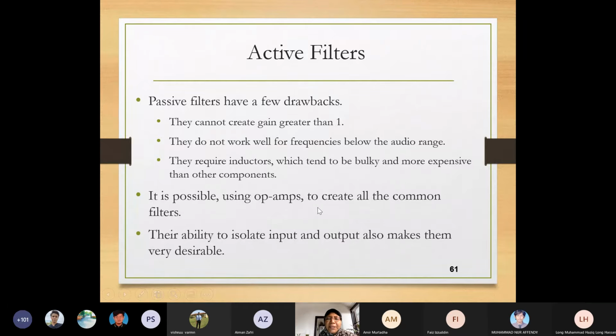Another thing about active filters is that on top of amplification, they can also isolate the input and output, which makes for very improved performance.